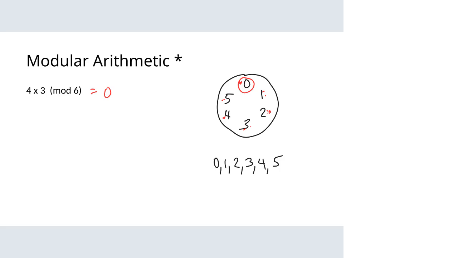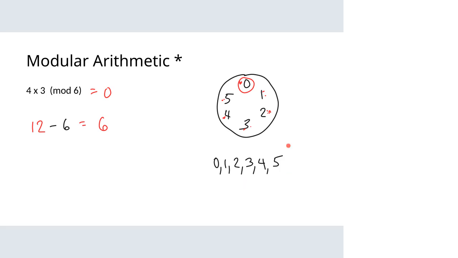And here, 4 times 3 would be 12. But I don't have a 12 in this system, so I need to subtract 6. I need to go all the way around this thing backwards 1 time. That puts me at 6. And it kind of feels like, well, it's mod 6, it ought to have a 6.